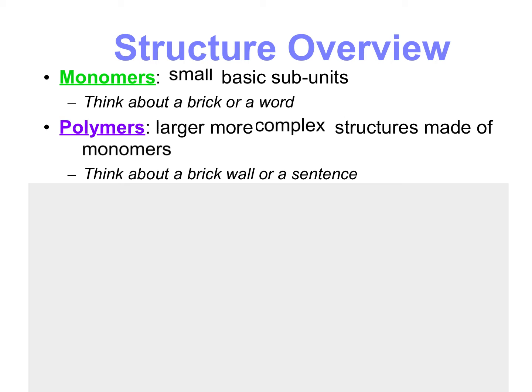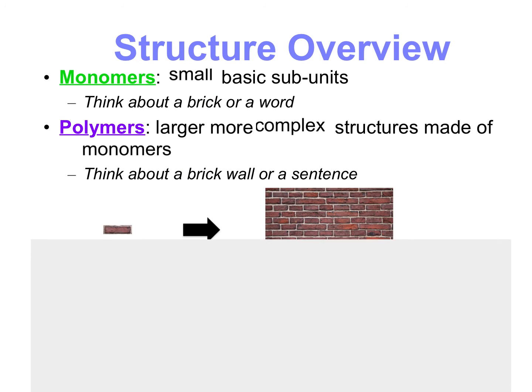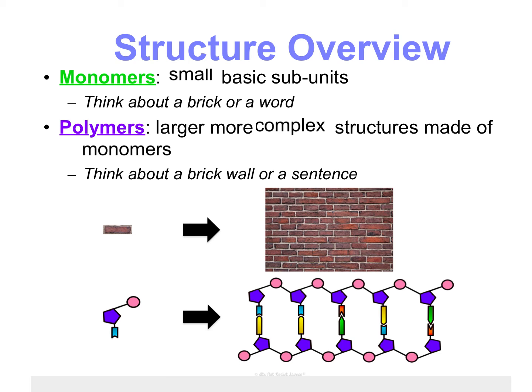So now we can think about our brick wall or the sentence that we're forming. We are making our brick wall by adding a bunch of our bricks together, which you can see in our example here. So we have our monomer, a bunch of monomers together makes our polymer, the brick wall.